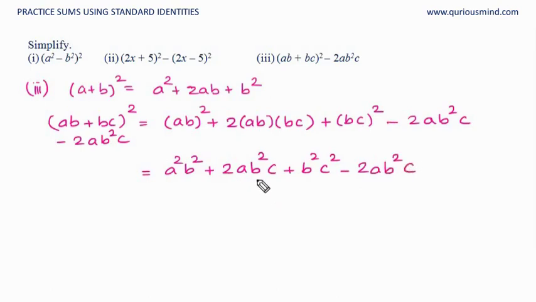We see that these two terms are like terms, and hence we can perform operations on them. This is plus 2 and this is minus 2. So plus 2 minus 2 will get cancelled and remains a square b square plus b square c square. That is our answer.